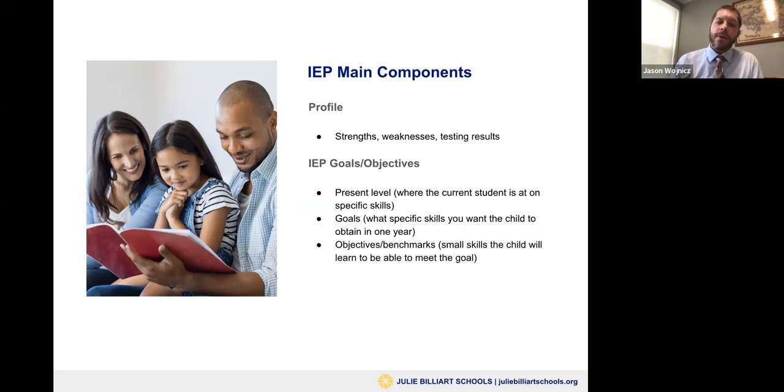And then under that goal, you're going to have a set of objectives. These objectives help break down that goal. What are all the critical components that the child needs to develop and master to be able to be successful with their overall goal? For an example, a child could have a behavioral goal.